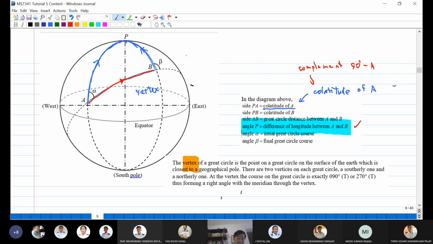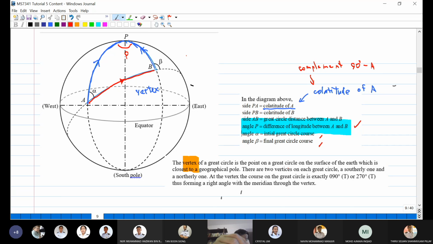So this difference in longitude is angle P now. P and AB correspond: AB is a side, P is an angle. I already explained alpha, the initial course of the movement, and beta, the final course.